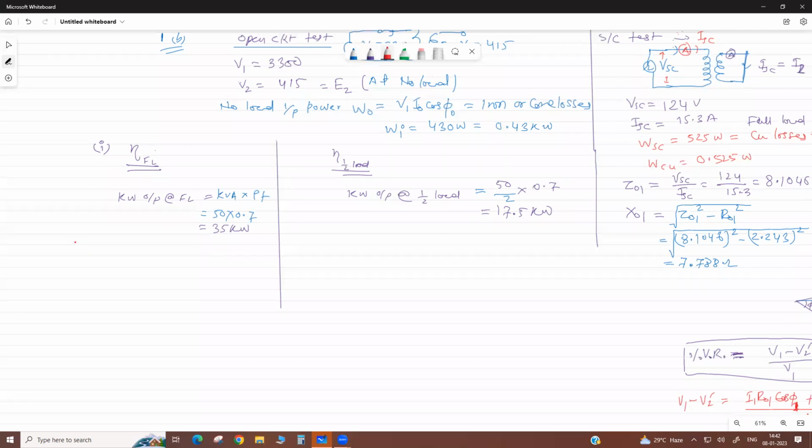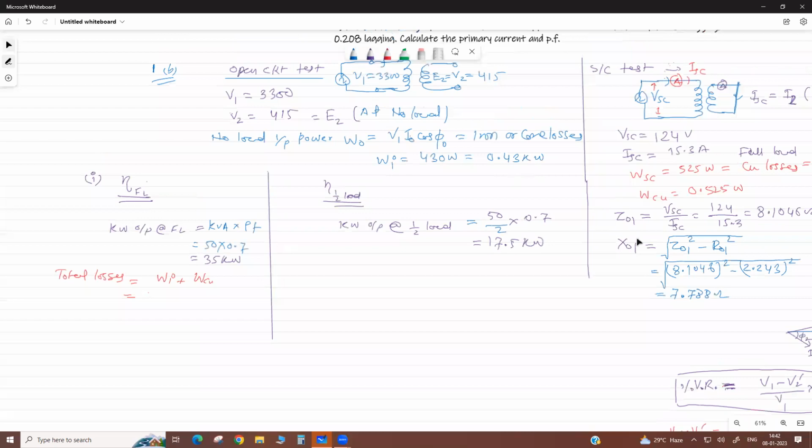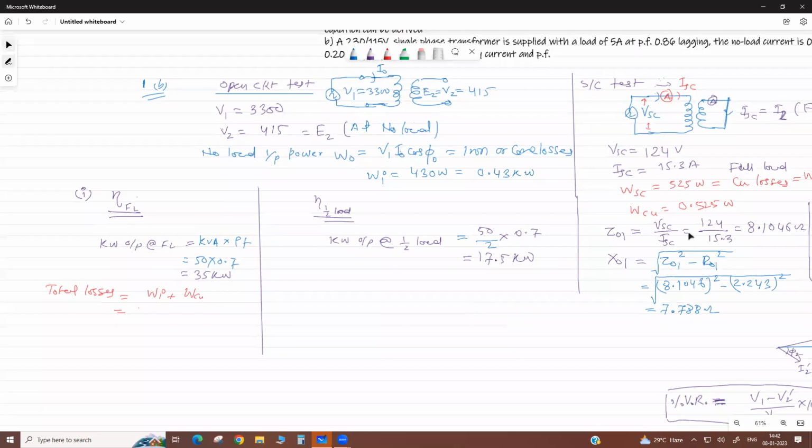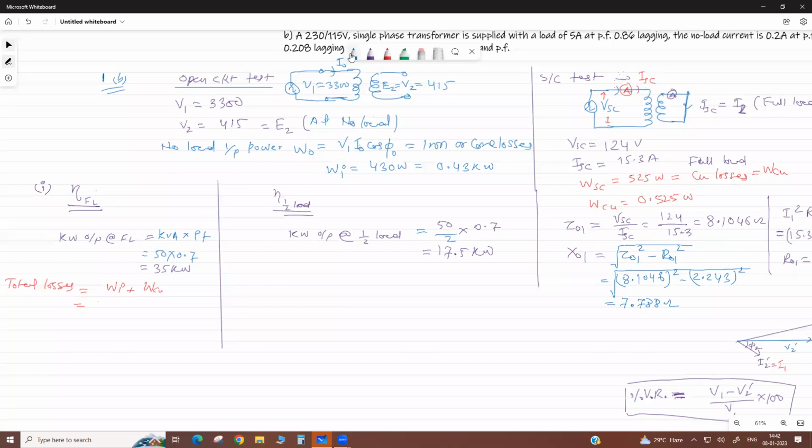Now the total losses at full load. Your iron losses are called constant losses. This is iron loss plus full load copper loss. Open circuit power equals the core loss, short circuit power equals the copper loss.